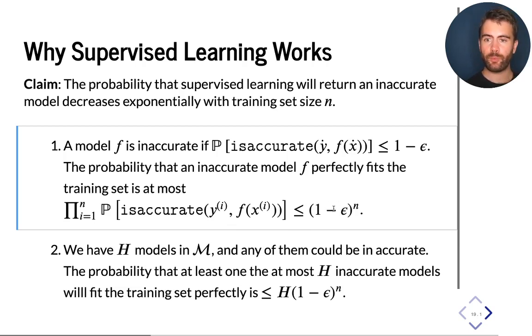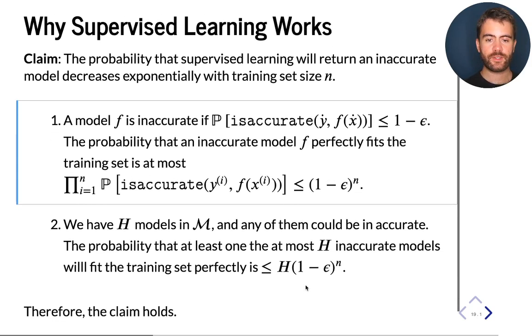And so in order to bound the probability that any inaccurate model in M can fit the training data, we have to multiply this value by h, which is the maximum number of inaccurate models that we can have. And this puts a probability on the event that one inaccurate model out of at most h will fit the training data by chance.